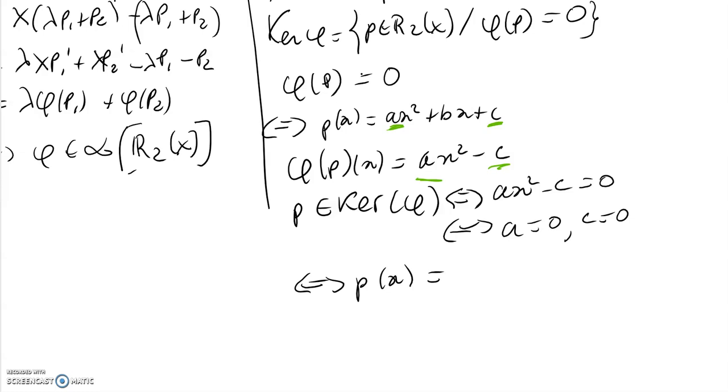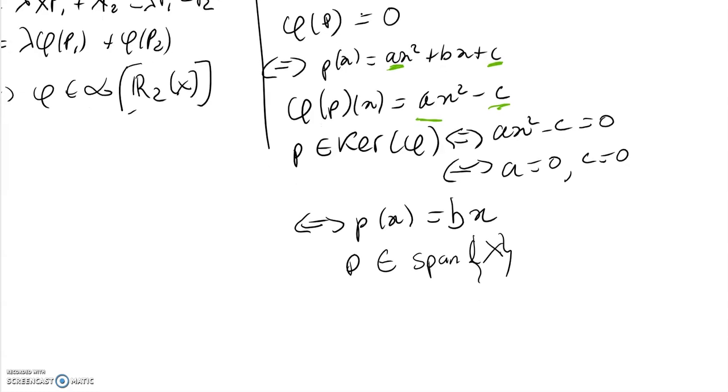So p of x is anything that can be written as b times x. We can also say that the polynomial p belongs to the span of the polynomial given just by x. Any constant times x.